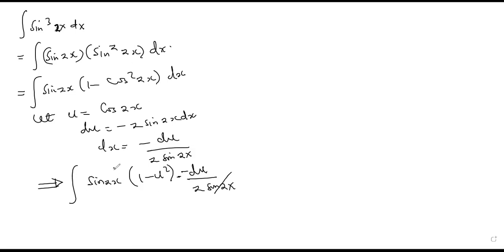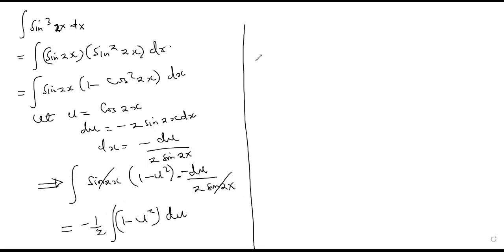Sine 2x will cancel with sine 2x, so that you have negative a half integral of 1 minus u squared du. And this one can be equal to negative a half.